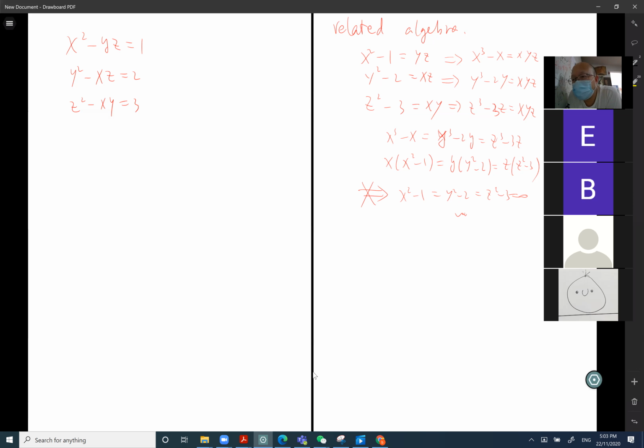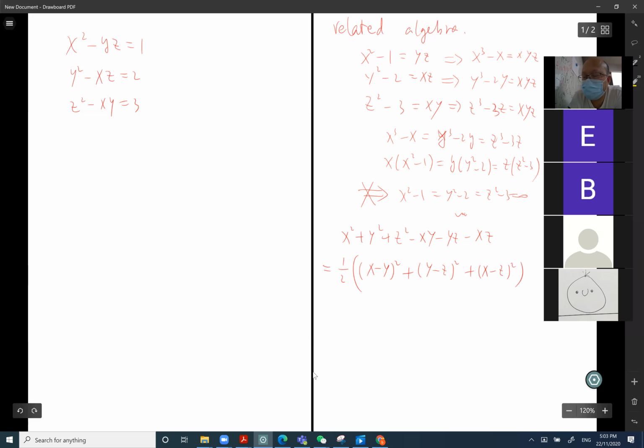And another one related to here, we have some formula here. This one you can change to square form. This one is really just the same as here, half of (x minus y) squared, (y minus z) squared, (x minus z) squared, or (z minus x) squared. Same, same. And another one, this quadratic, like algebra formula.